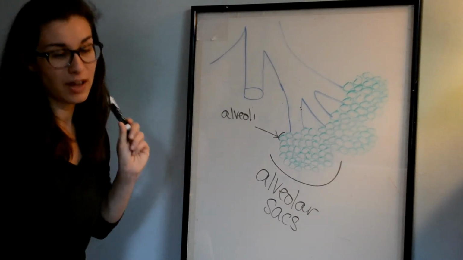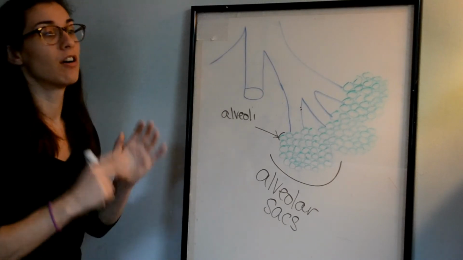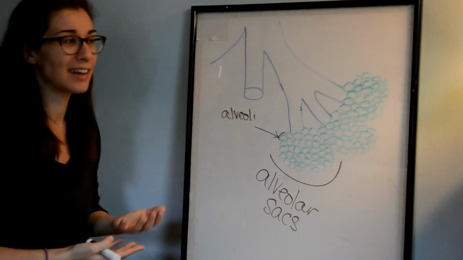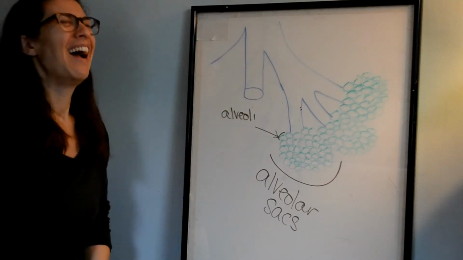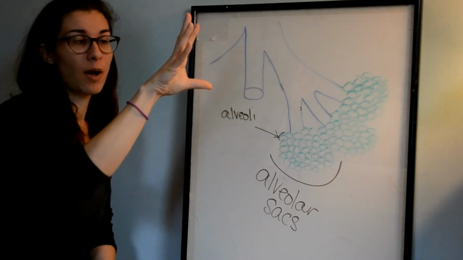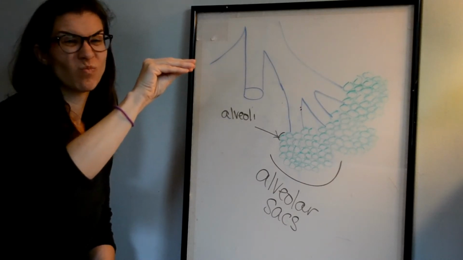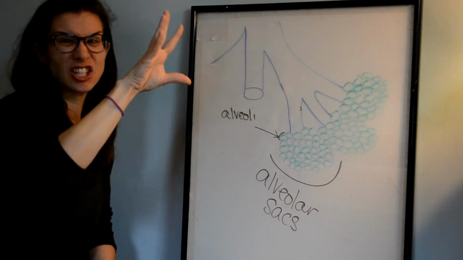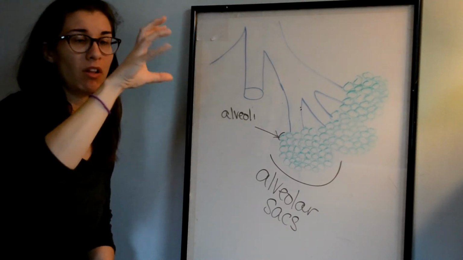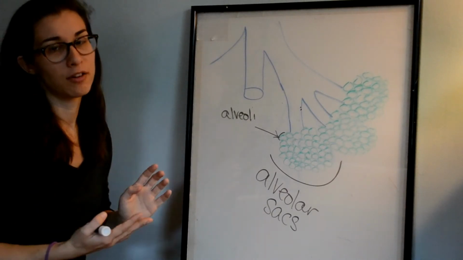Then we have the great alveolar cell, or type 2, and these guys are for pulmonary surfactant. They create this pulmonary surfactant, which is essentially like, I don't know if it's really a liquid, but it prevents the alveoli from depressing and sticking together. So it keeps them kind of anti-sticky, so when the alveoli decompress, they can pop back up into their normal structure. And then we have our alveoli macrophages.